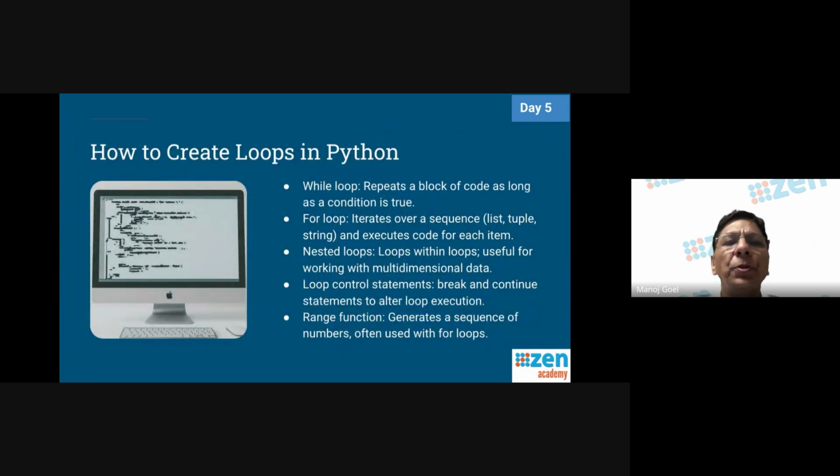So how to create loops in Python? A while loop repeats a block of code as long as a condition is true, as I told you just now. For example, say a variable num is there, and as long as the value of num remains less than 100, keep on doing it.